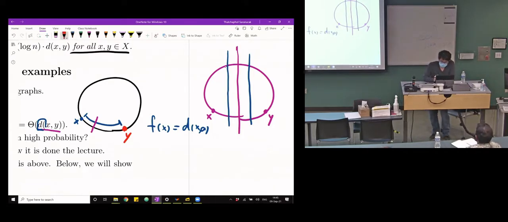If I sample A and it's outside this bad region, then the difference between the distances to A will be big enough within a constant factor. So suppose A is here. Then the difference between the distances is this thing minus this.